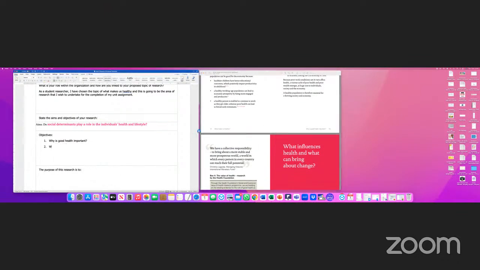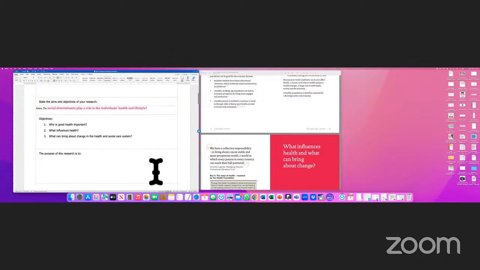The second objective would be what influences health, and the third one is what can bring about change in the health and social care setup or system. So I would put some of the aims and objectives from the report, but generally I would restrict them to 1 or 2.